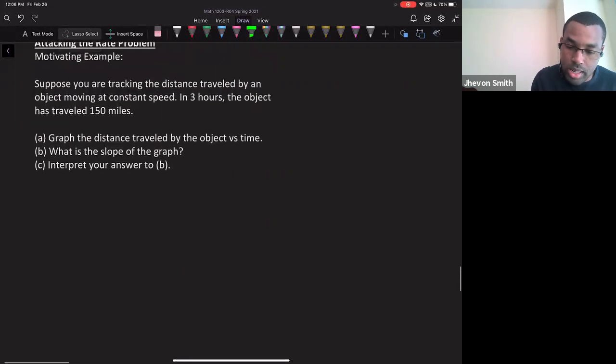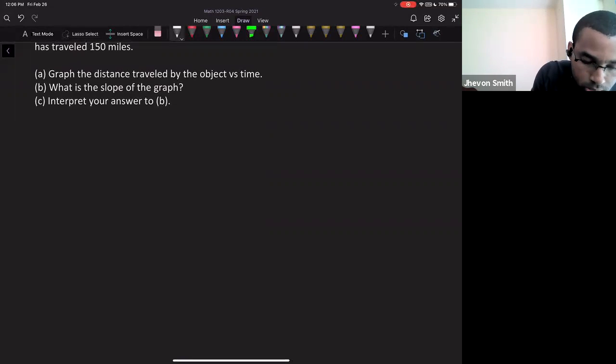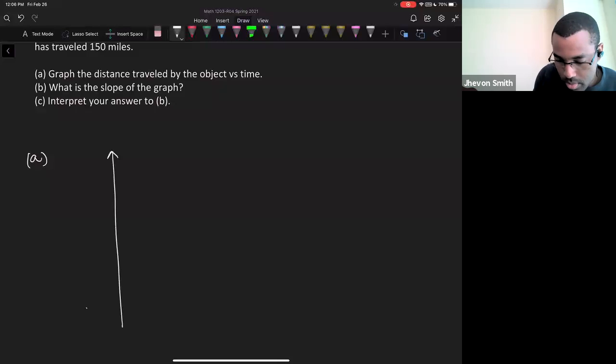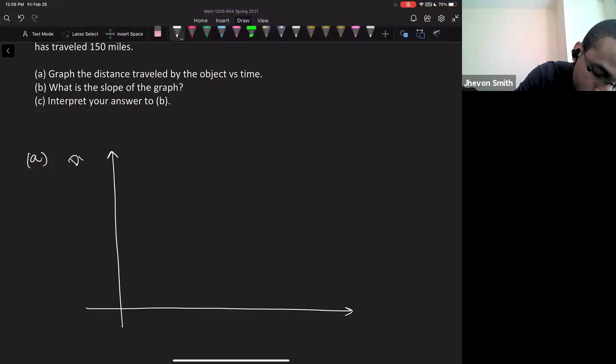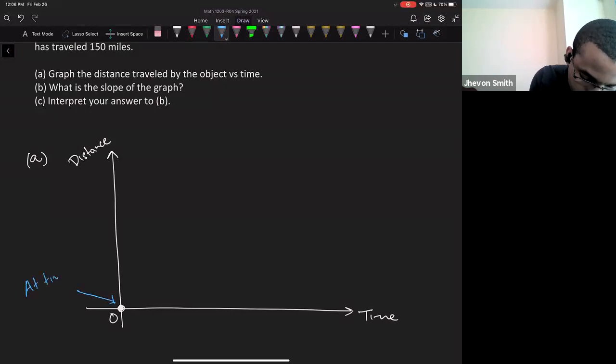So here, let's graph the distance traveled by the object versus time. Of course, what would this look like? So here's distance. Here's time. The object is just moving. There's, of course, time equals 0 at some point, where you can assume the distance is 0. At time 0, distance covered 0.